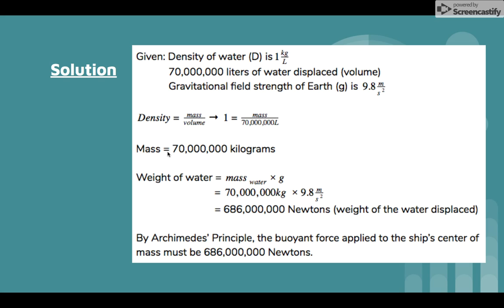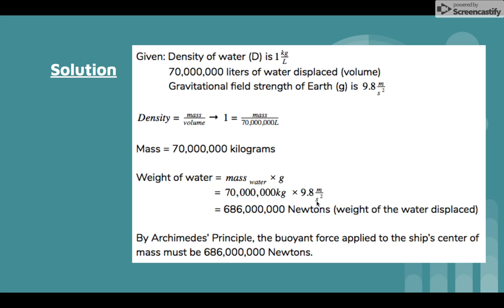To find the weight of the water, use the formula for the force of the weight of water, which is equal to the mass of water multiplied by the gravitational constant of Earth, g, which is 9.8 meters per second squared.